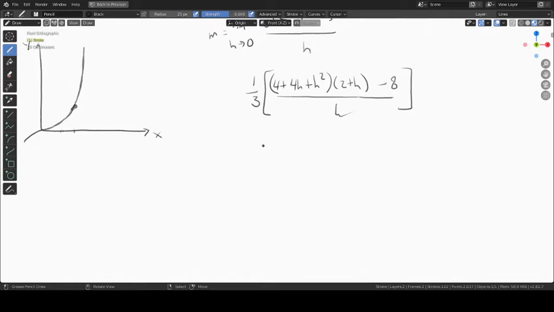So again, that top part, we got 4 times 2, that's going to be 8 plus 8h plus 2h squared plus another 4h plus 4h squared, right?